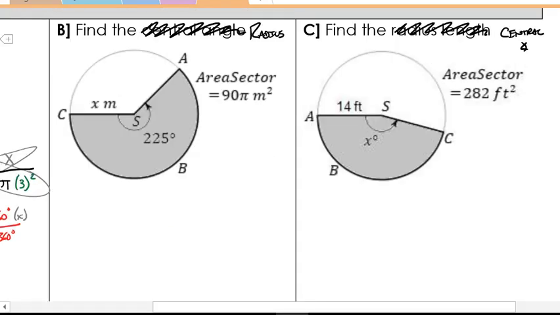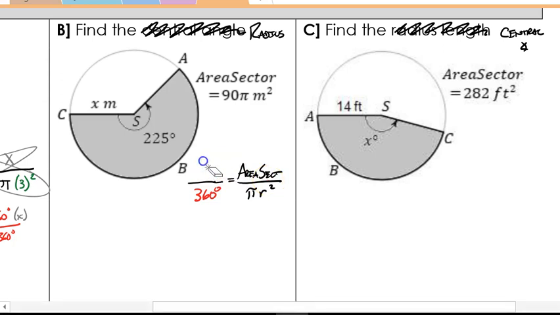For B and C, we are going to once again use the same proportion that we had, degree ratio equal to area ratio, because here we're trying to find the radius, and here we're trying to find the central angle, and we're given the area of our sector. So let's go ahead and set that up for B. Degree ratio equal to area ratio, and we're going to substitute all our known information.